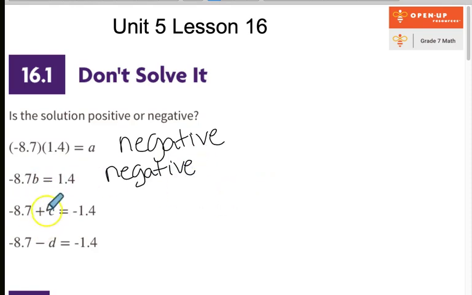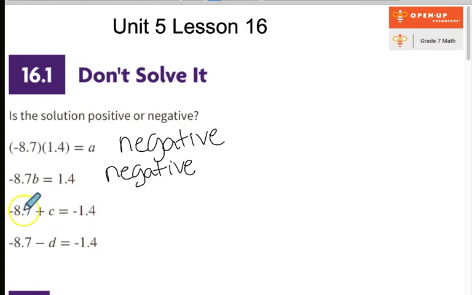Here we are combining. We're adding. Negative 8.7 plus something equals negative 1.4. I notice that 1.4 in absolute value is smaller than 8.7, but it's still a negative.